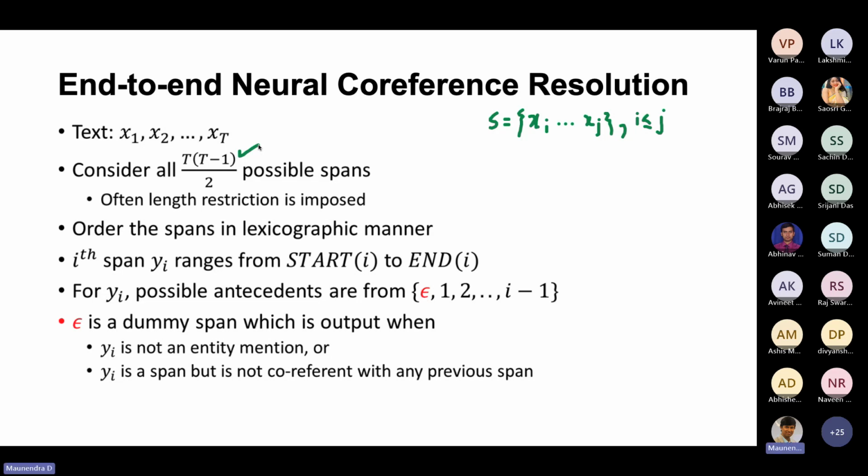Now, the obvious concern is that any reasonable size text will give a large number of these spans. Even a small text of 100 or 200 words explodes the number of spans. So often, to get rid of that, people impose some length restriction. Typically we won't expect the spans to be larger than 5 or 6 words. There could be movie names which are slightly longer, but in most cases the span lengths will be limited.